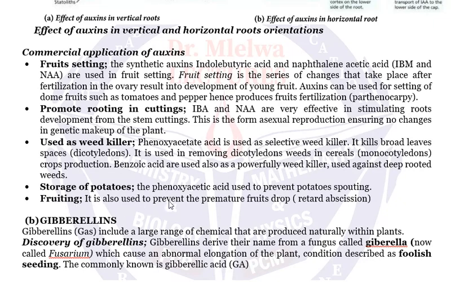It is also used to prevent premature fruit drop, as we discussed, since it tends to retard abscission in plants, that is the falling of fruits before their maturation. So that's all about the commercial uses of auxin, and these uses are closely related to the normal roles of auxin in plants.